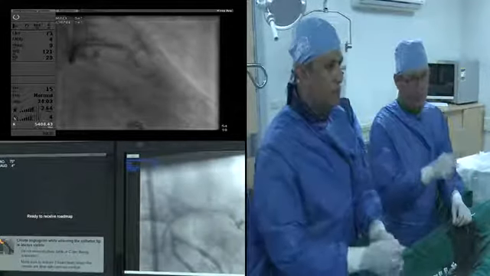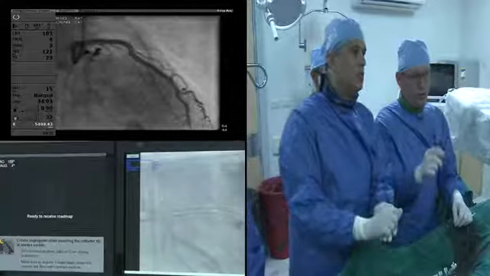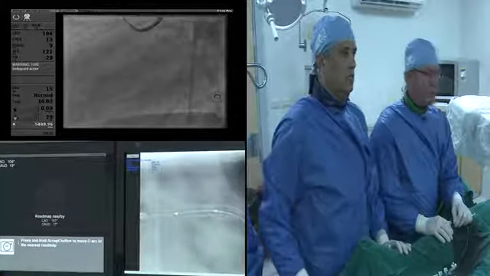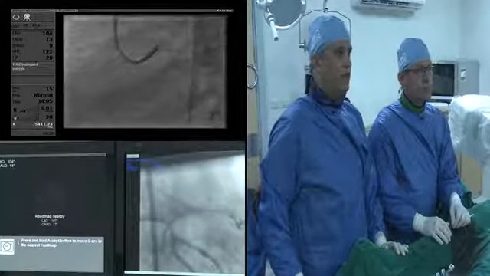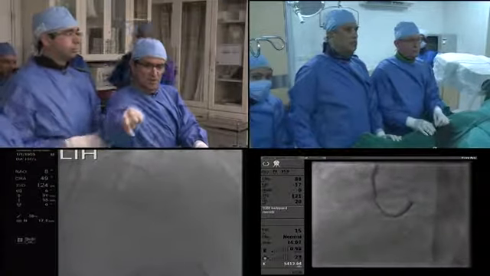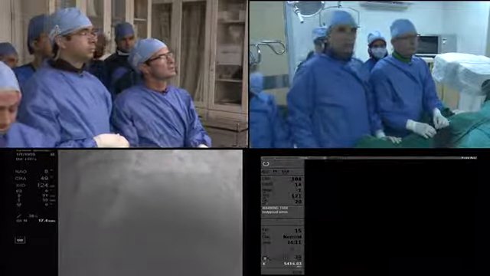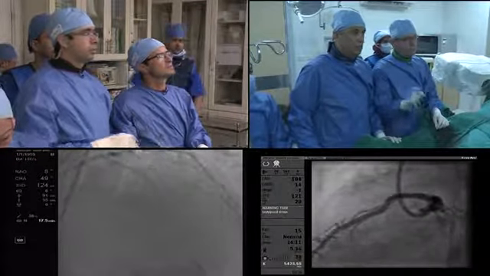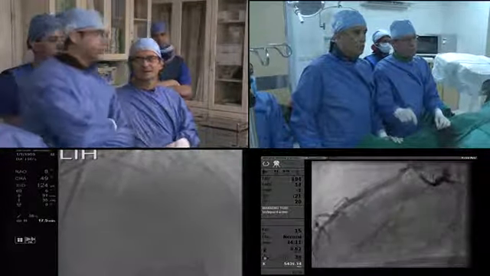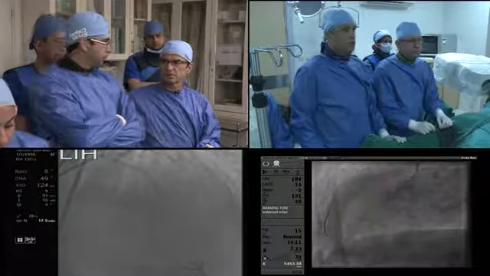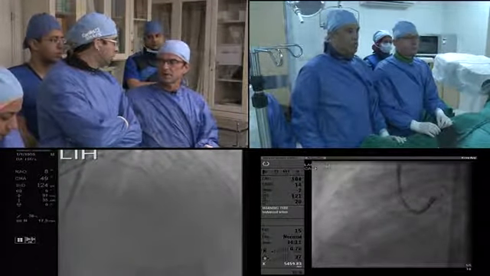Now it should be okay because it's angulated. Go down, traveling, Ayman. Go down. Then we bring a stent. Yes, we can hear you.